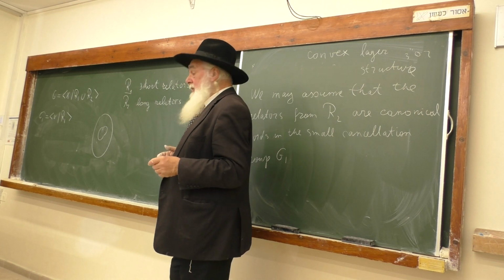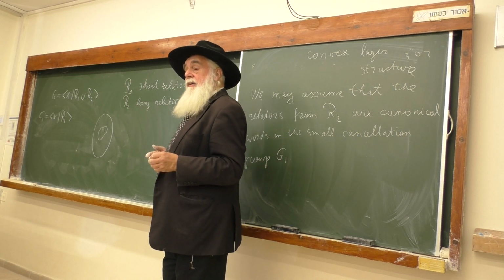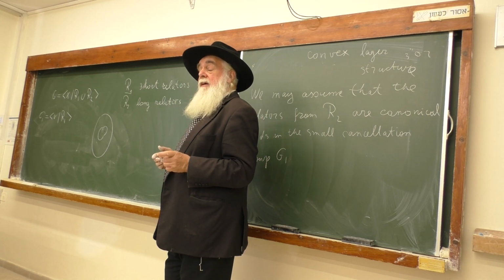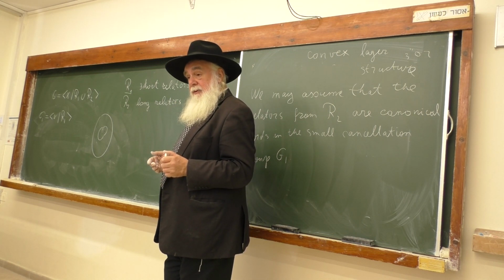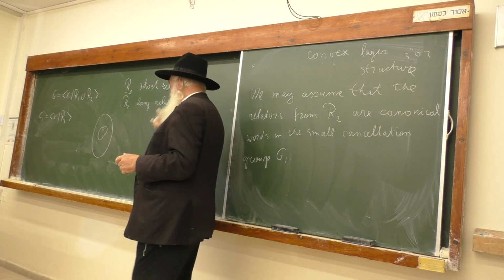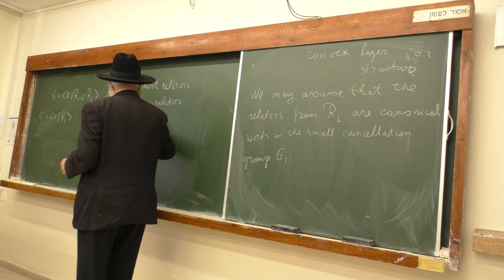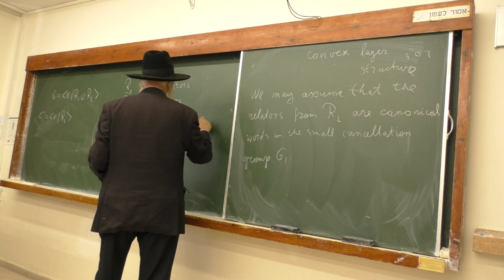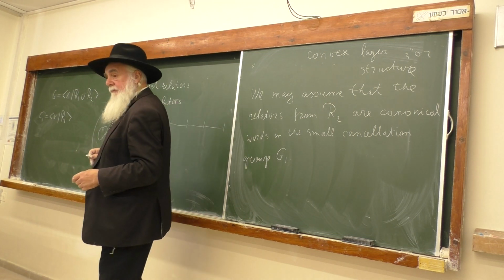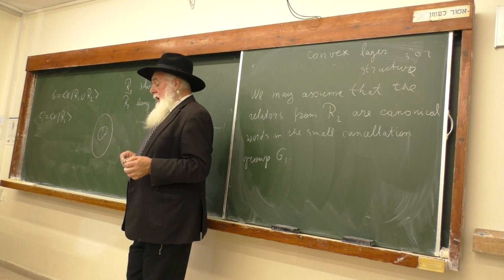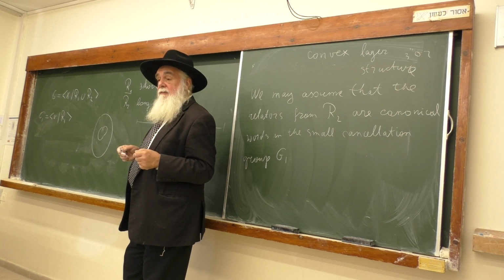Now, it is easy to define a canonical form for a cyclic word as well. Just take a word R, take its big power, and take its canonical form.